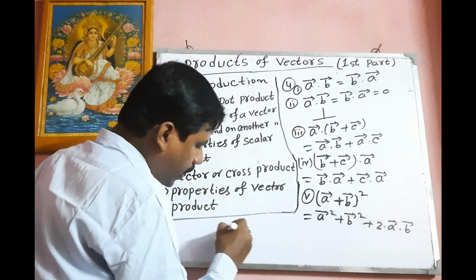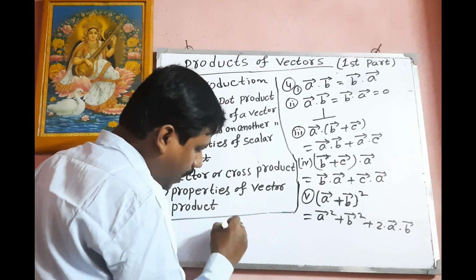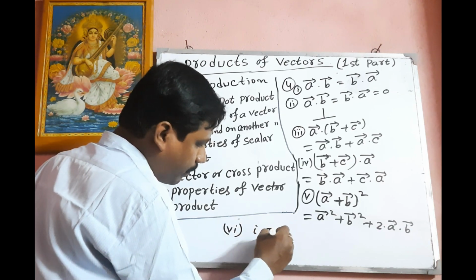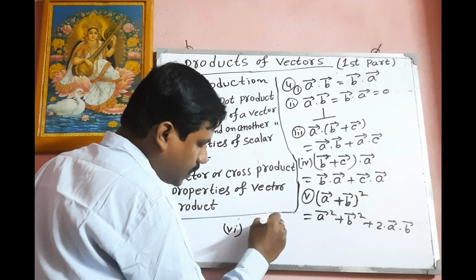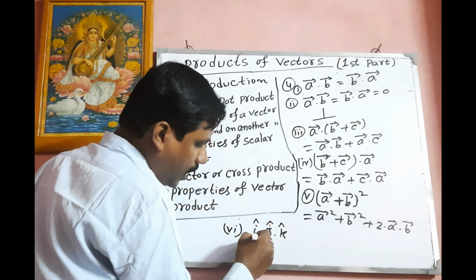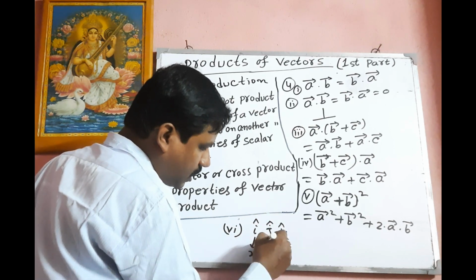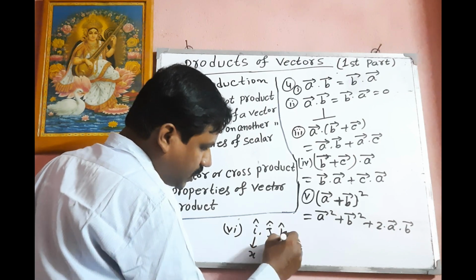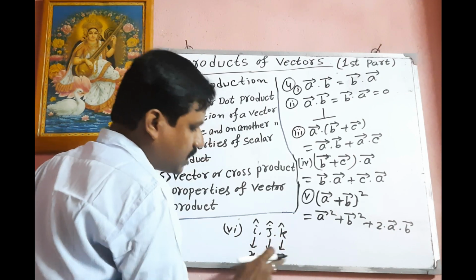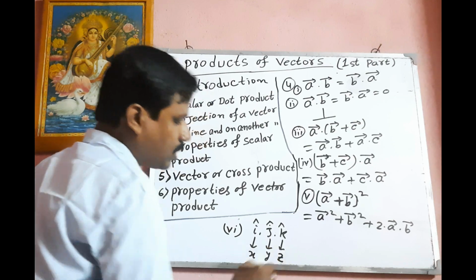And for unit vectors I, J, K, this is the unit vector along the x-axis, along the y-axis, along the z-axis. This is the unit vector.